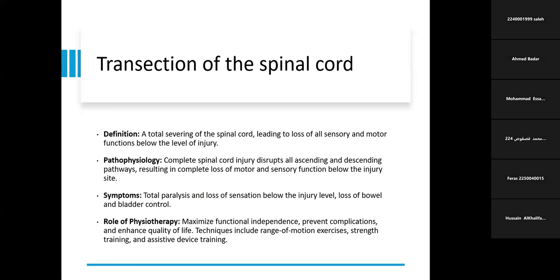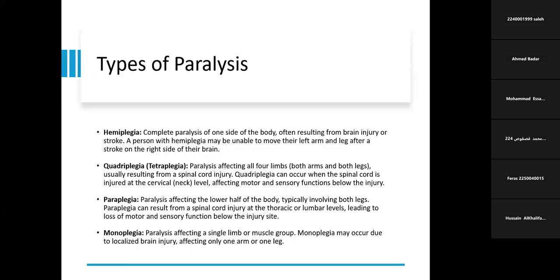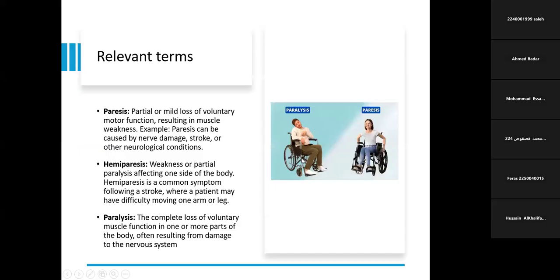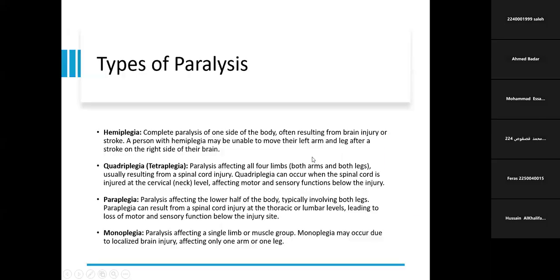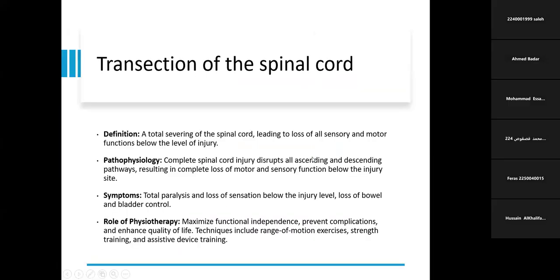At least they can be able to sit like this person in the wheelchair. This is a big achievement. If a person is not lying in the bed and can sit like this in the wheelchair, this is better than lying in the bed all the time, you see. So this is the role. Techniques include range of motion exercises, strength training, and assistive device training.